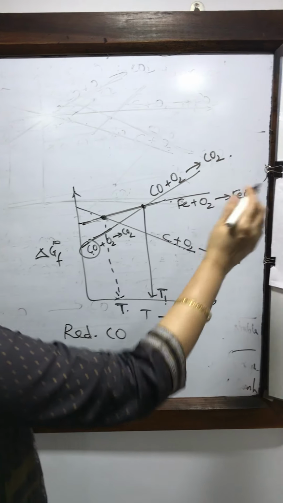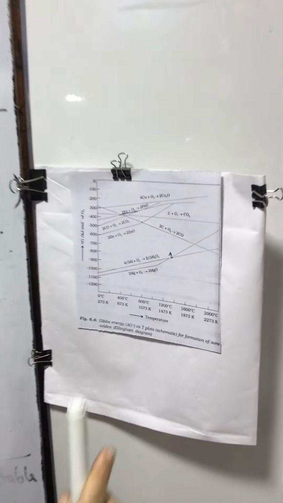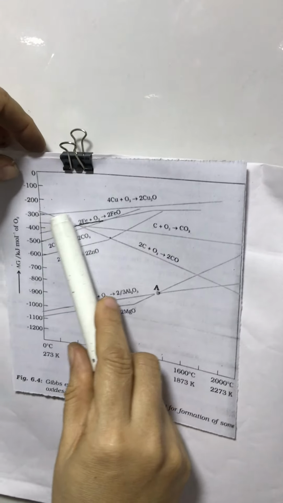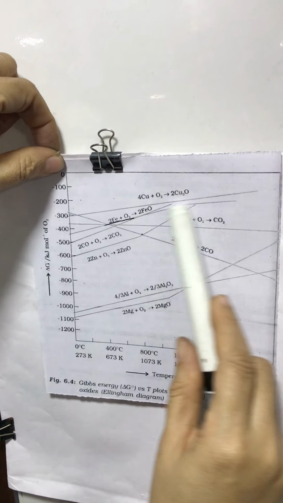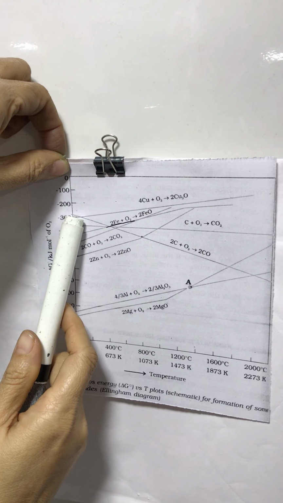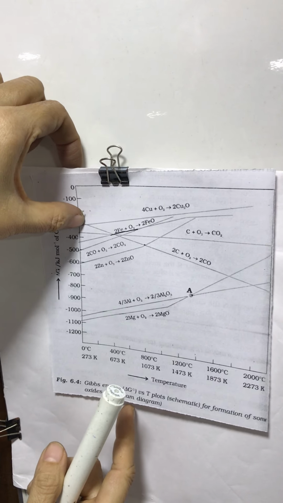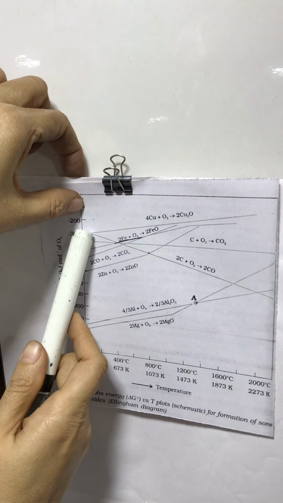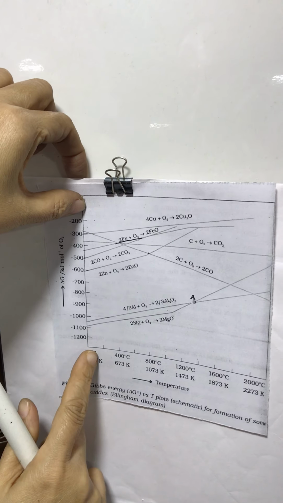If you look at the graph for the formation of copper oxide, which is right on top, it is cutting the graph for the formation of carbon monoxide here. So you will see that this graph at this point is intersecting, which is at very low temperature.